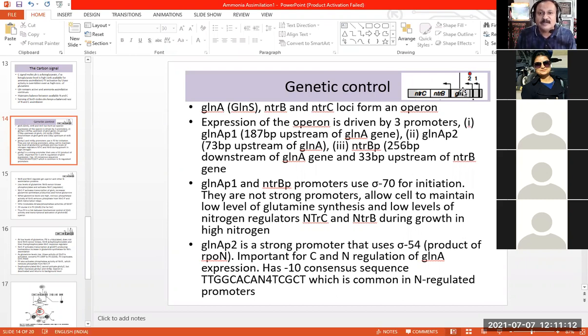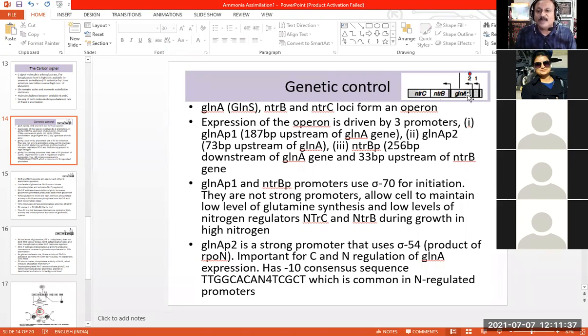Can you see my cursor? Then there is another gene which is called NTRB, and there is a third gene which is called NTRC. Can you see the NTRB here and NTRC? So the sequence actually starts from the right-hand side to the left-hand side this way.